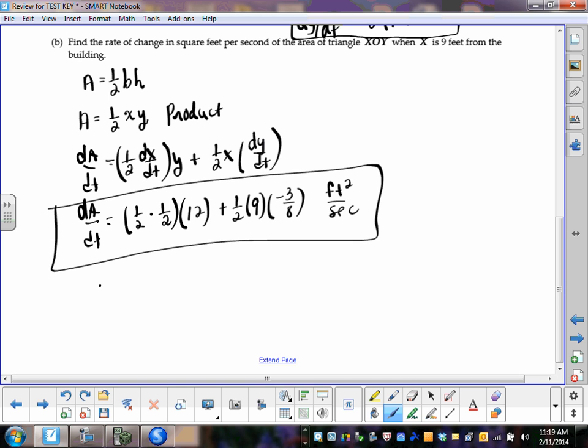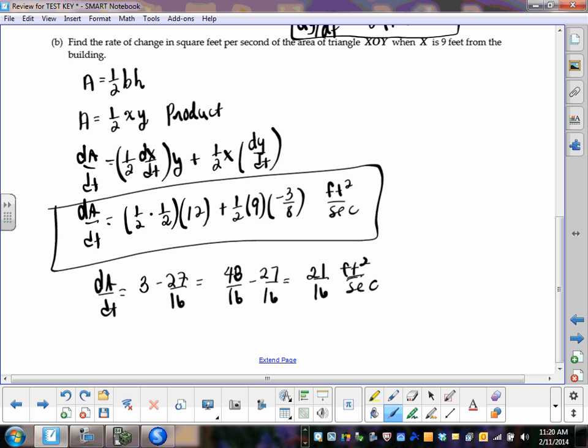I'm going to simplify that out. The dA/dt is 12 divided by 4, which is 3, minus 27 over 16, which is 48/16 minus 27/16, or 21/16 feet squared per second. So if they had asked me whether the area was increasing or decreasing, I really would have needed to simplify to figure that out. Otherwise, definitely stop here.